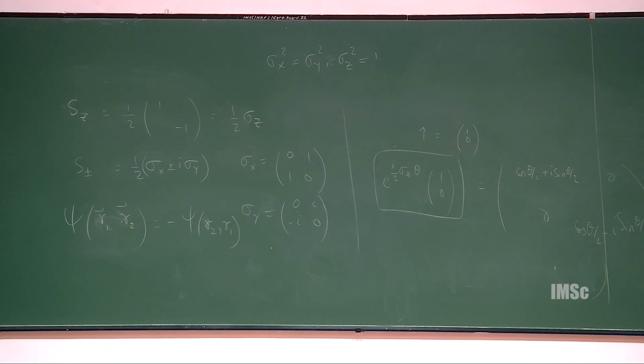Any half integral spin particle obeys fermionic statistics. There are only two kinds of particles, bosons and fermions. The fundamental nature of this comes from the theory of angular momentum, with half integral values and integral values allowed.